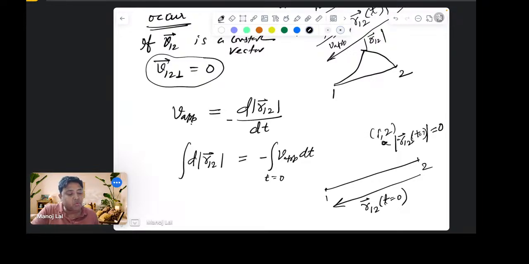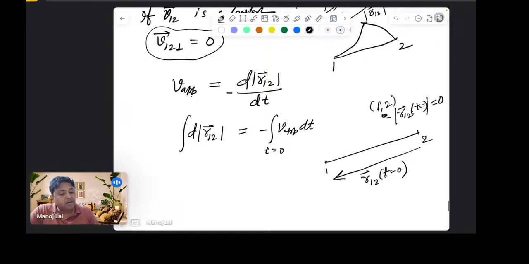So collision took place and then the distance between them is 0. If this is at t0, the position is R12 at t equal to 0, mod. And then R12 at t equal to capital T, mod.